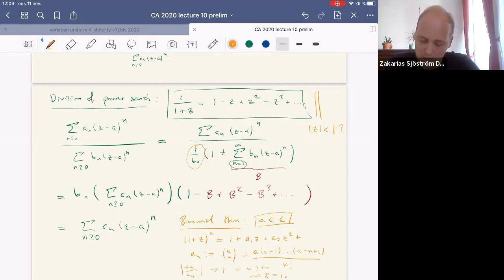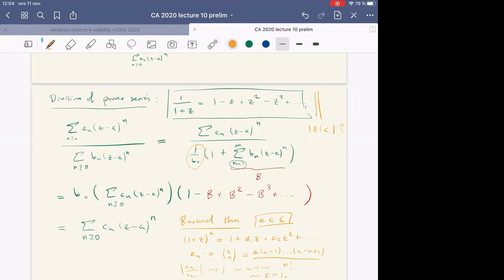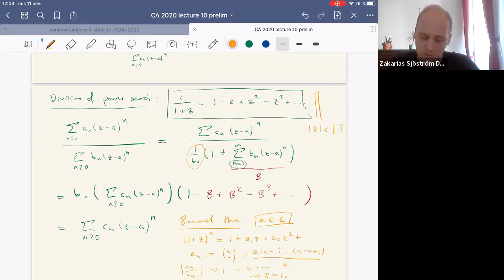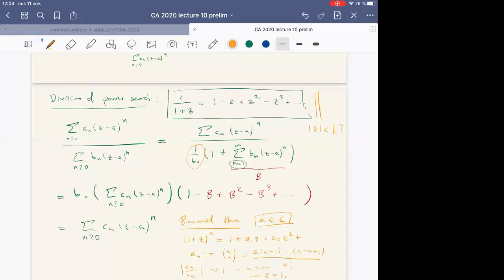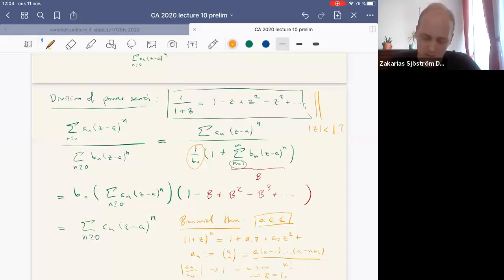So maybe by factoring out... what you want here is, of course, that the absolute value of b here is not too large. Maybe we work on a sufficiently small neighborhood. But actually, it's not about the radius of convergence of these series, the sum of b^n, right?